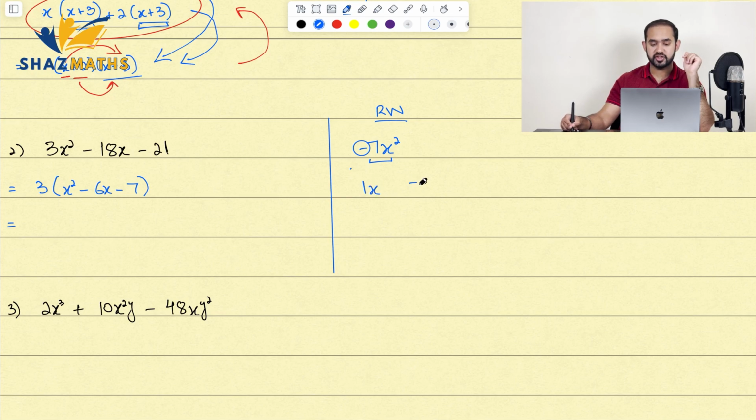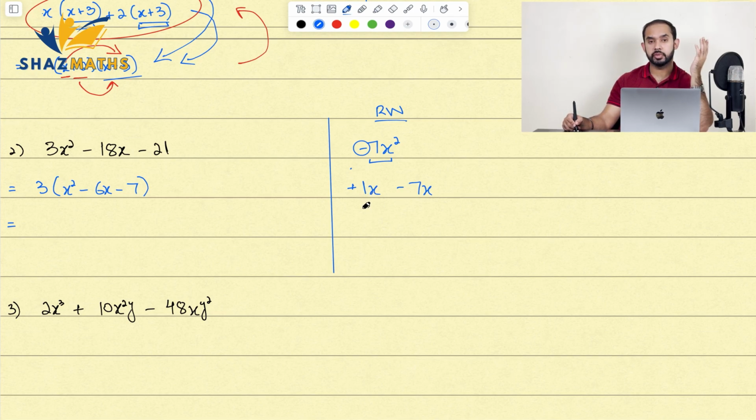Now if I subtract 7 and 1, I will get 6, and what I actually need is 6 as well. That means these are the correct factors, and we need to subtract these 2 factors, and subtraction is only possible whenever one term contains positive sign and the other one contains negative sign. That means either this will contain positive and this will contain negative, or the other way around.